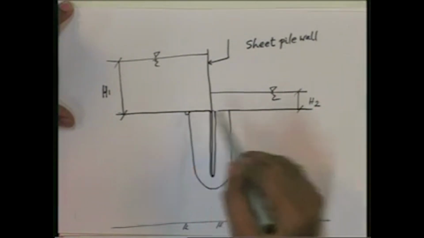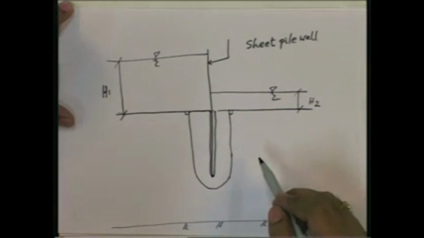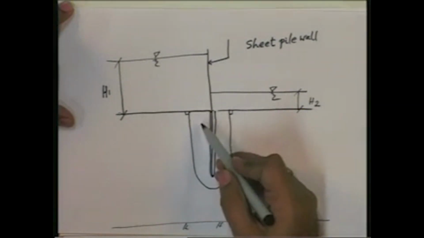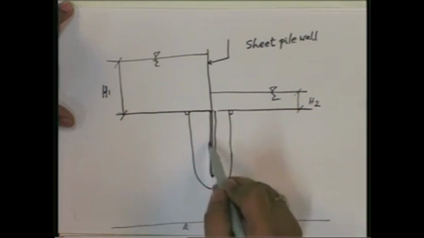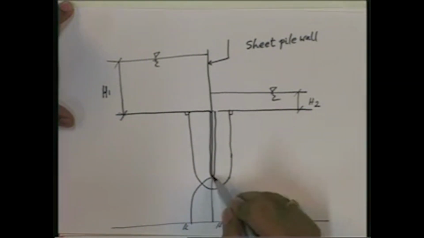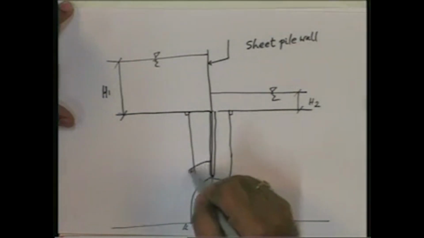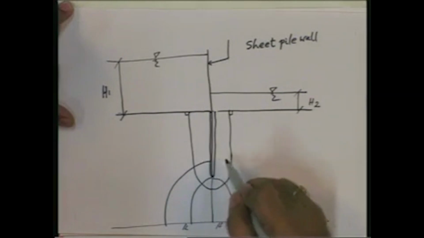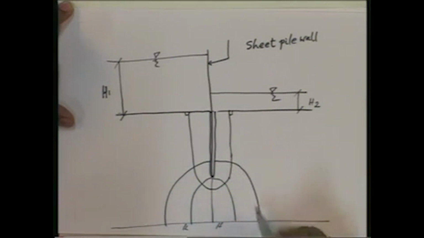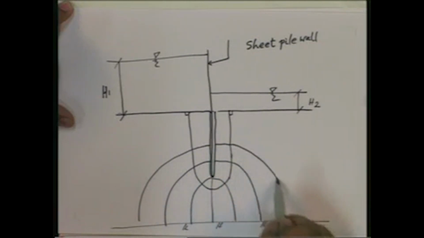Here, being an equipotential line, orthogonality has been maintained. So, this is the flow channel. If this is a flow line, then these are the equipotential lines which are drawn like this.